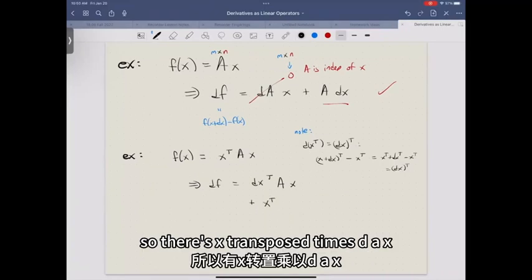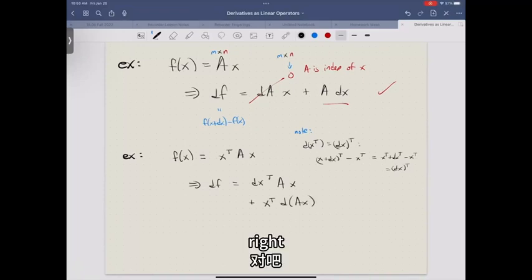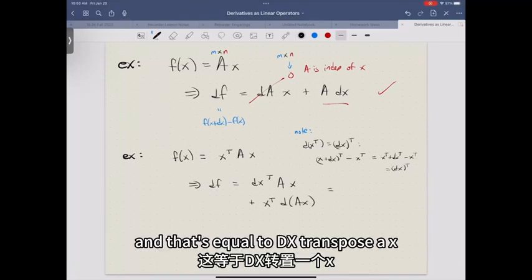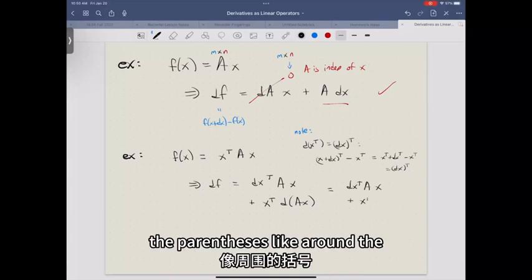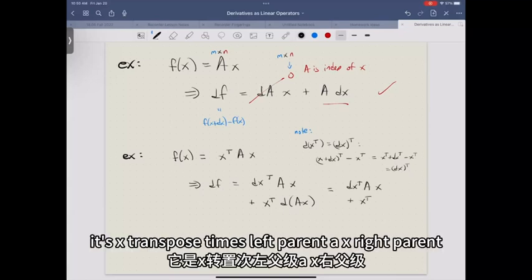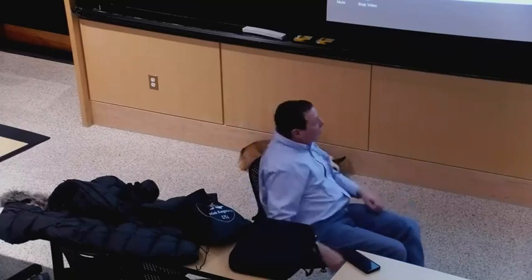So this is x transpose times d(Ax), and that's equal to dx transpose Ax. So in effect, you're putting parentheses around it: x transpose times (Ax) is your f now, right? You see what I'm saying?